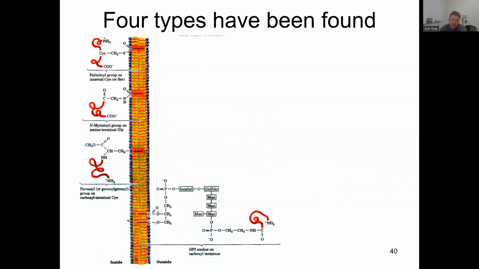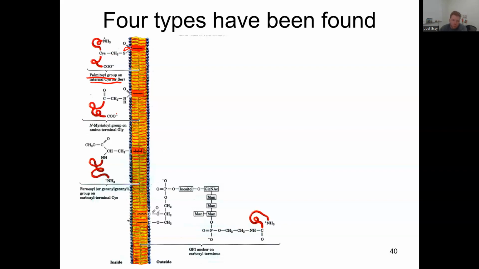For instance, a palmitoyl group can be placed on a cysteine or a serine residue, and this palmitoyl group, a fatty acid chain, will insert itself into the membrane, and boom, that protein that has that cysteine will now be embedded within the membrane.